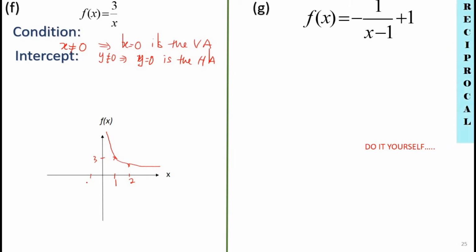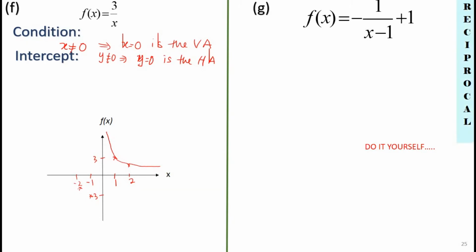If x is equal to -1, 3 divided by -1 will give you -3. Here is the point. And when x is equal to -2, it will give you -3 over 2. So this is the point.